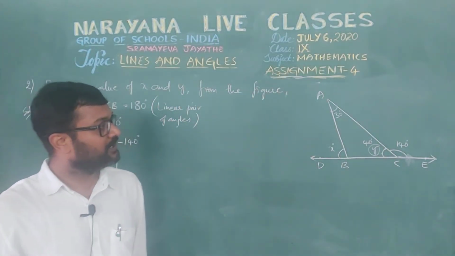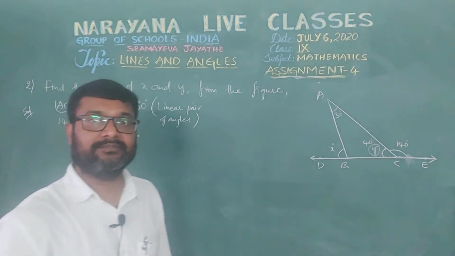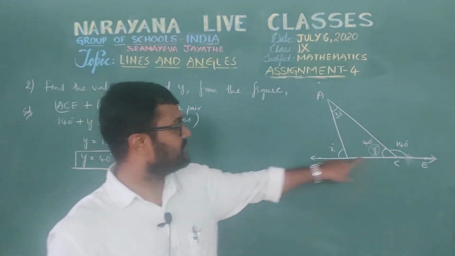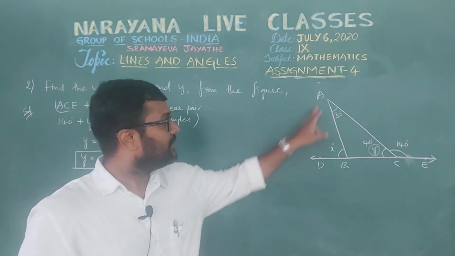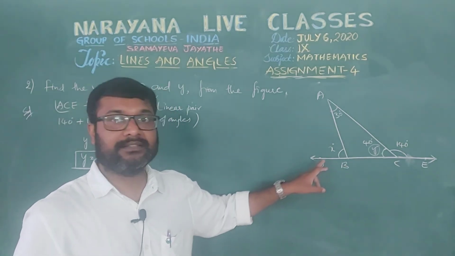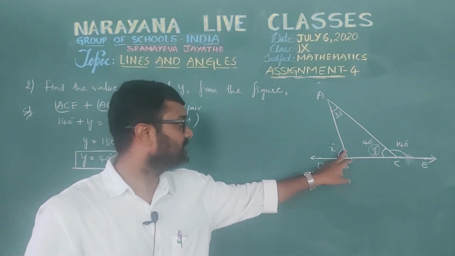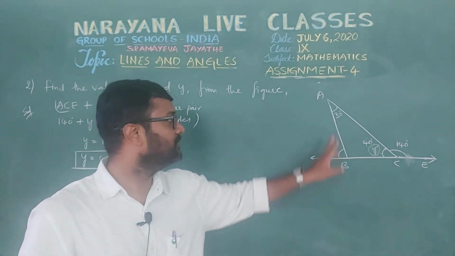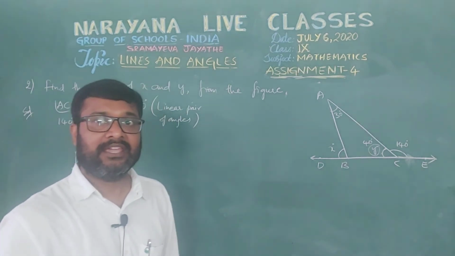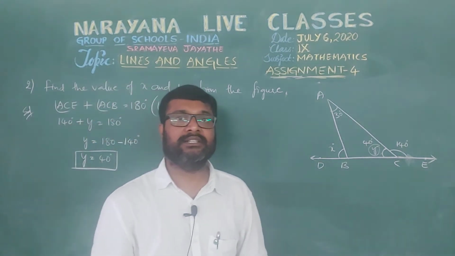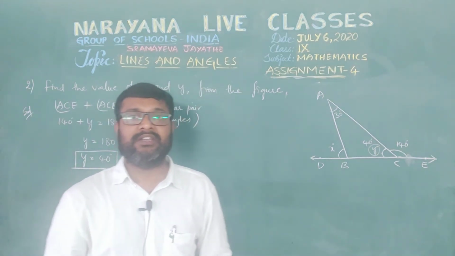So if you observe here, ABC is a triangle. For this ABC, angle ABD is an exterior angle, isn't it? This X is the exterior angle for triangle ABC. We have one property in triangles. What is that?